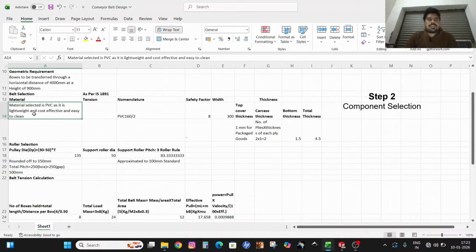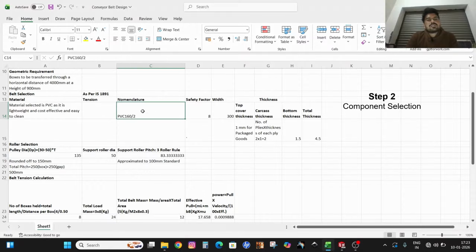The nomenclature would be PVC 160 by 2. Here PVC is the material, 160 is the tensile strength of the belt, and 2 is the number of plies.